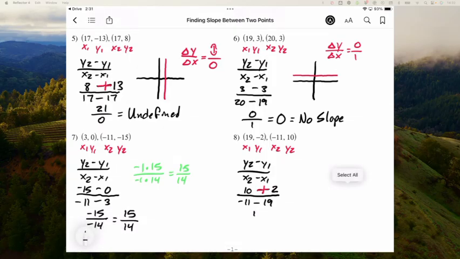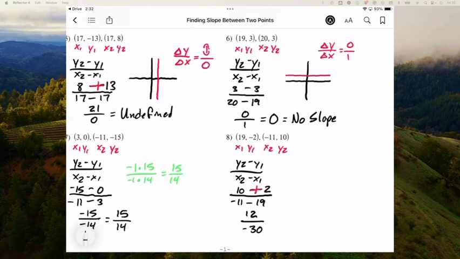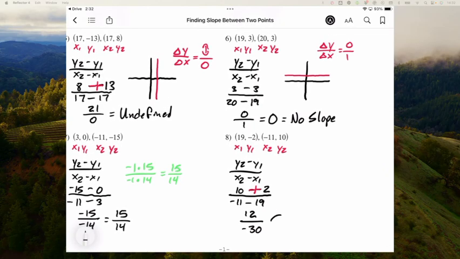Negative 11 minus 19 is negative 30. There are a couple things we need to address here. That negative needs to move to the top, negative 12 over 30. And we can simplify this. Those are both divisible by 6. That's going to be negative 2 over 5.